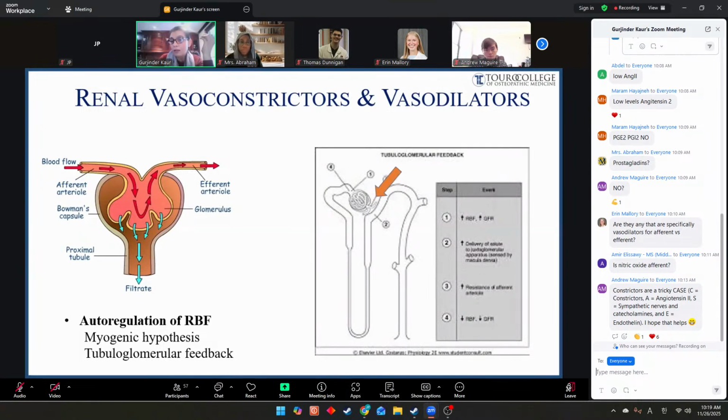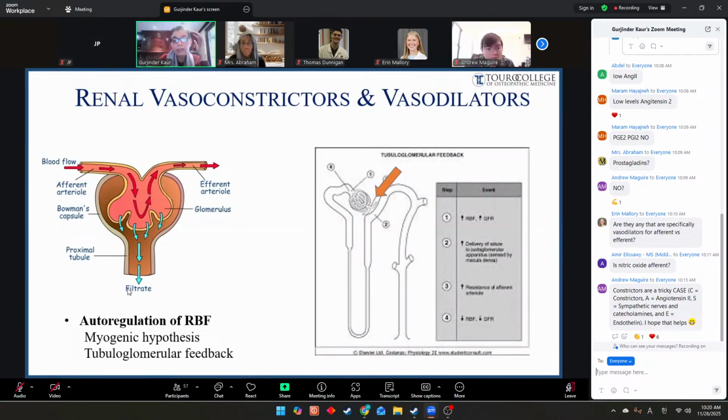If they see distension of the vessels beforehand, they are going to contract. The afferent arteriole is already having a contraction, which is calcium induced, and that's going to regulate the flow. What is coming from up there is going to be auto-regulated by the myogenic hypothesis. So smooth muscle cell contraction is already taking care of it.